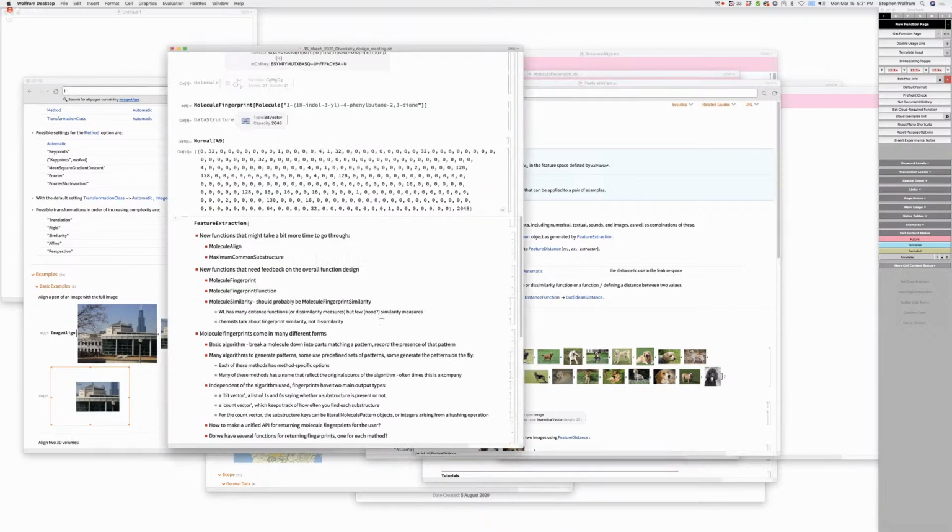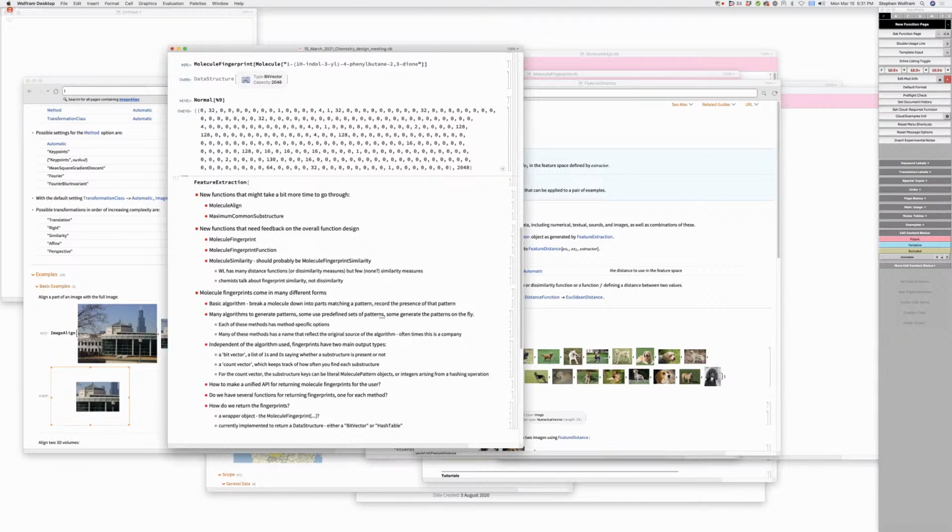Now, does it matter that these things are very packed objects or not? It's magnificent using all the data structure stuff.